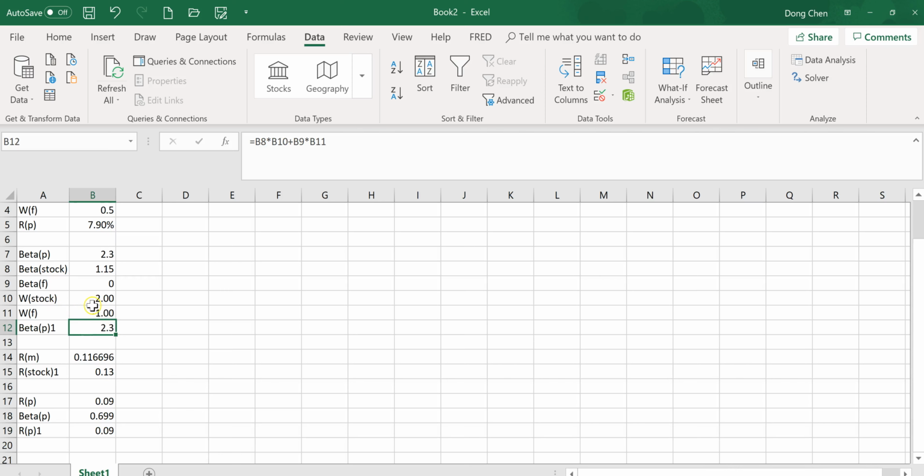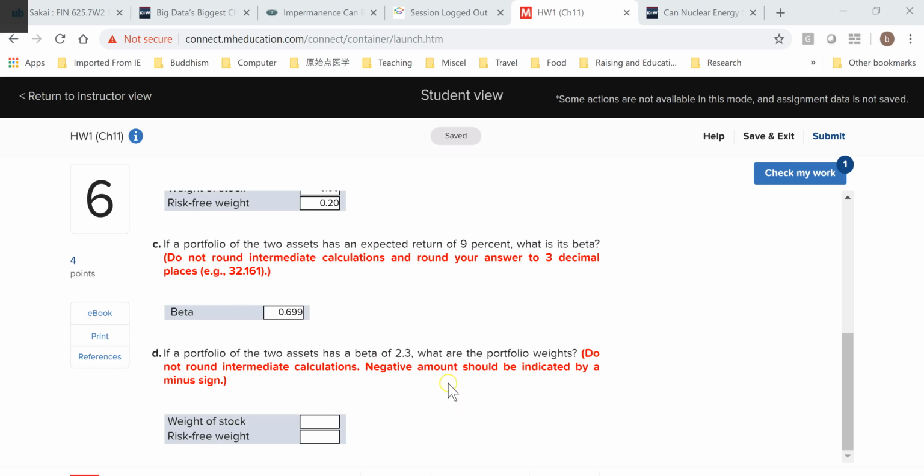The stock weight actually is 2. What does this 2 mean? 2 means 200%. And the risk-free asset will have to be a negative number. That's why, if you read the rounding requirement, a negative amount should be indicated by a minus sign.